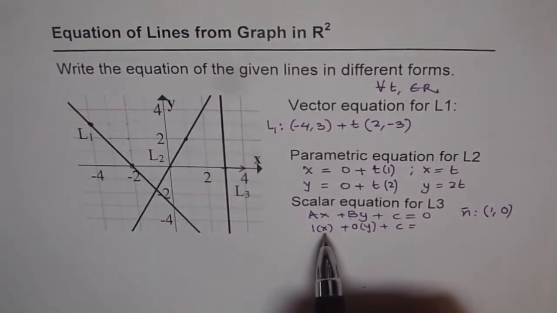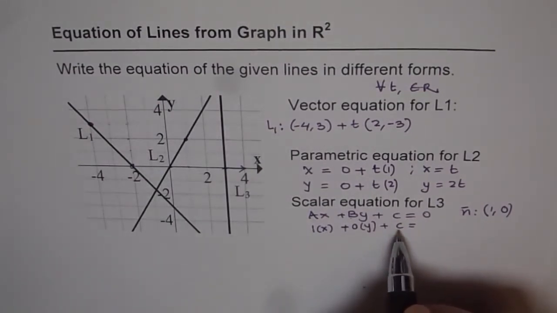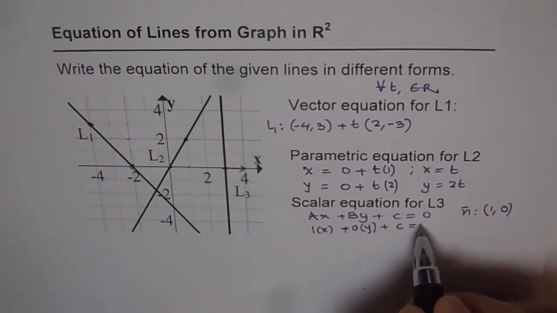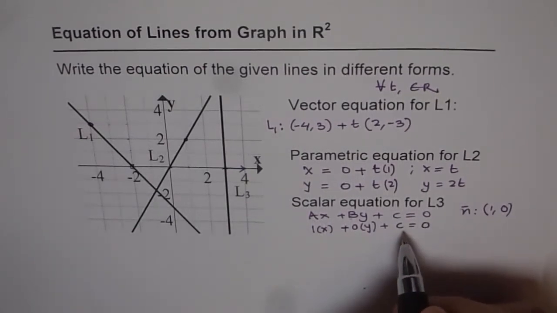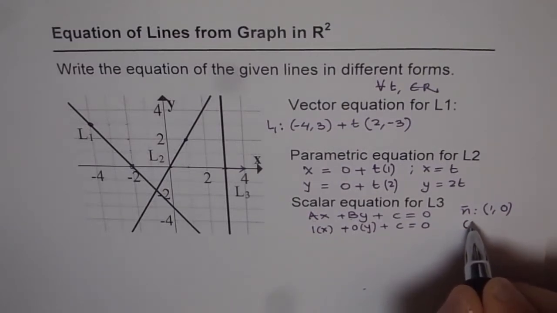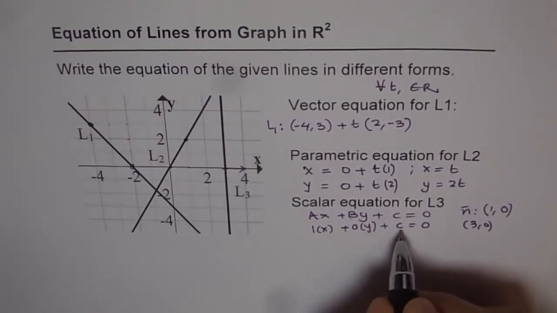So at this point x is 3. Then what should be the value of c so that we get that point 3 in this equation? To get 3, c should be -3. Do you understand? Or you can say the point 3, 0 is on the line.